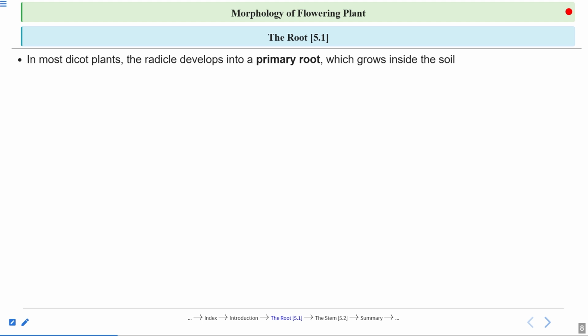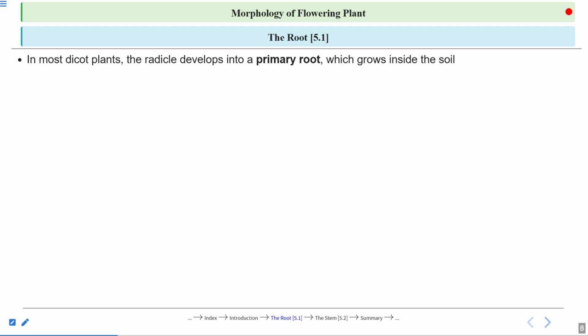There are some other features on the basis of which you can say whether this is a monocot or dicot. Just by seeing the roots, you can say whether this plant is a dicot or a monocot. If the plant has one main root, the primary root as a main root, that is called a tap root.